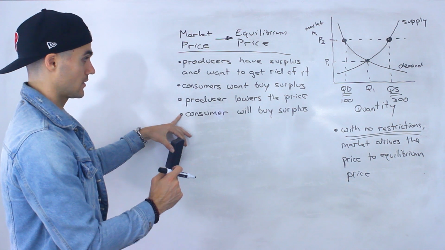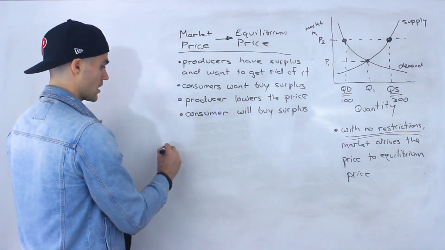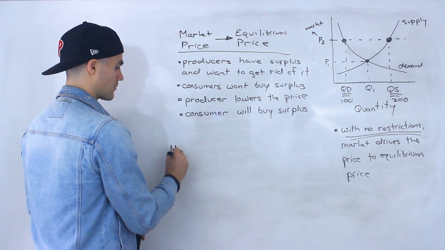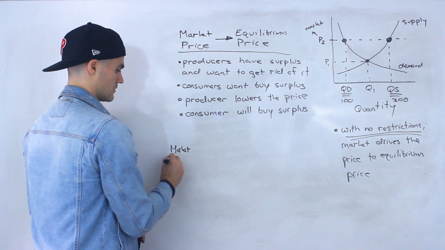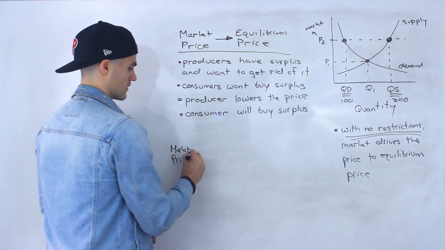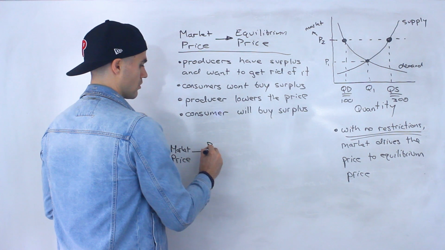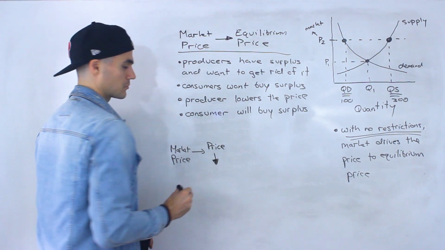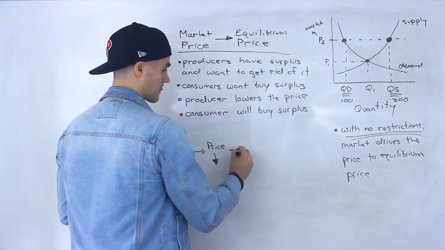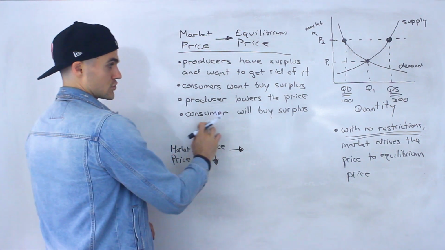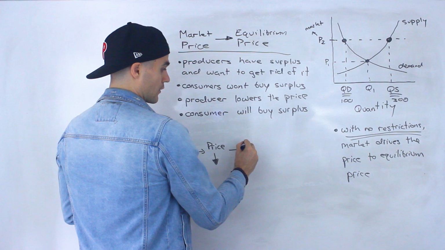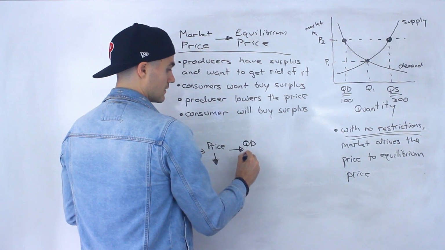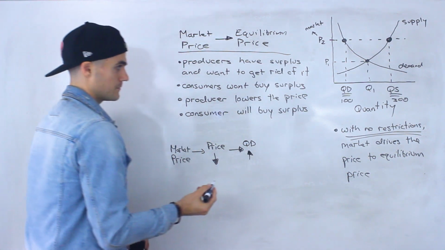And so what happened in this scenario here? We started at the market price. Okay, so now the price went down. Producers lowered the price. Consumer is going to buy the surplus, so now the quantity demanded went up.